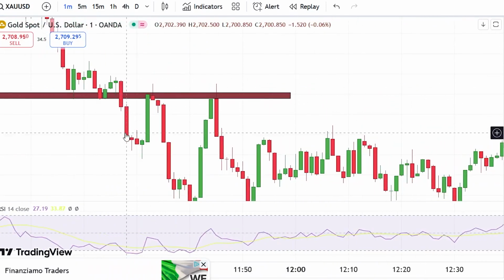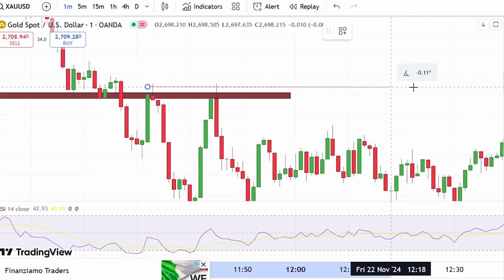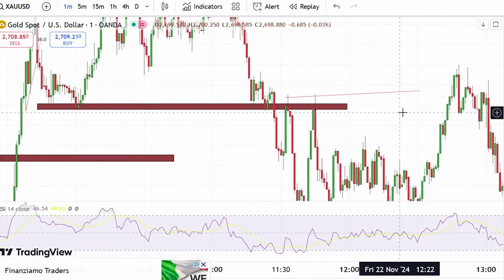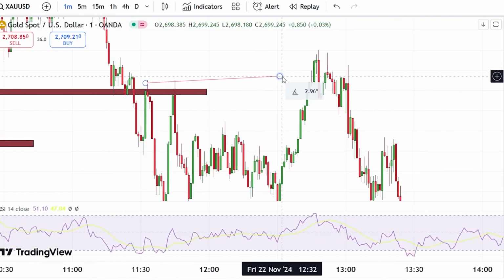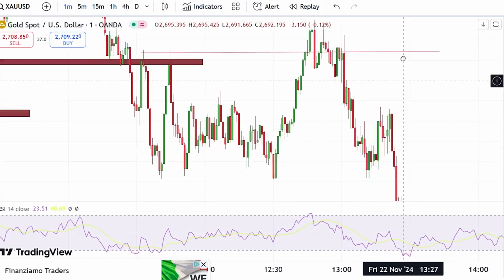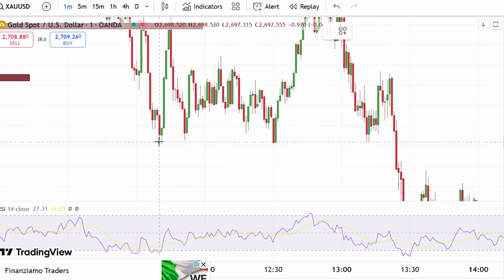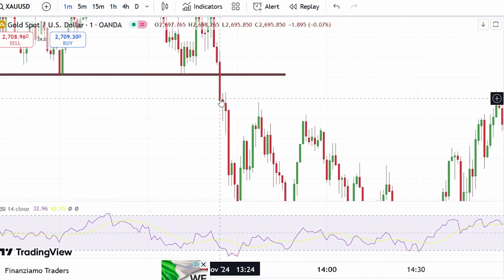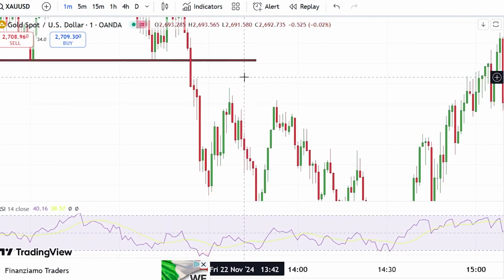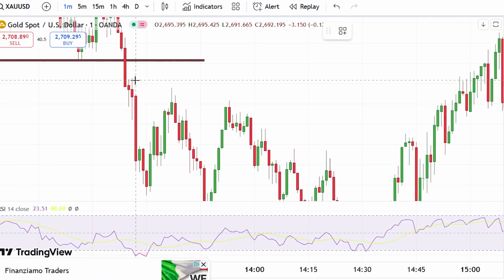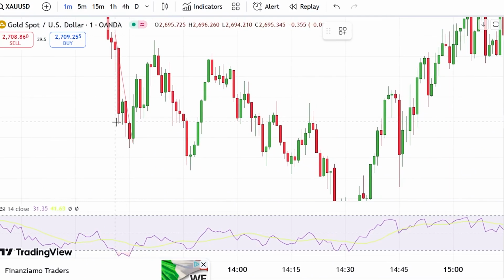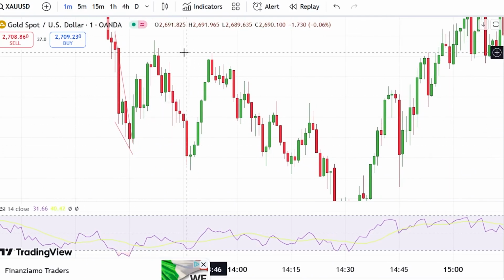And then a breakout again, and here is a kind of micro channel, and a trading range between here and here. Then a breakout, a spike, then a channel. Here there is a channel, you see, and a trading range.